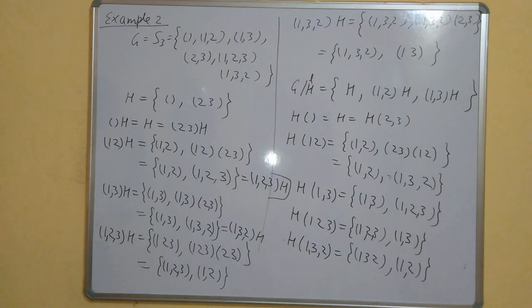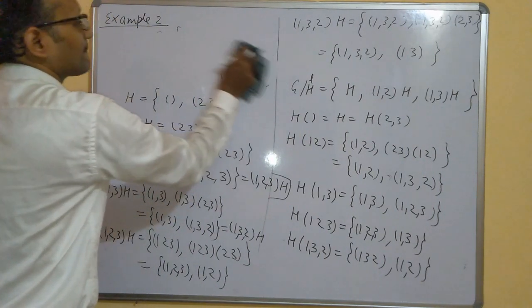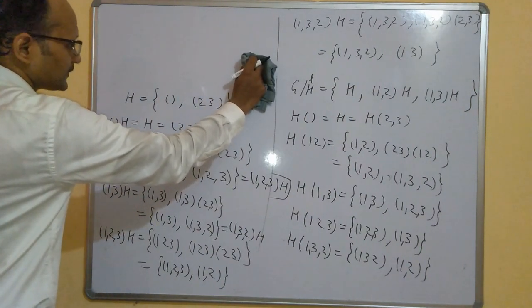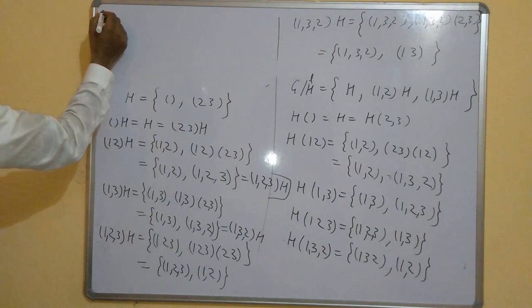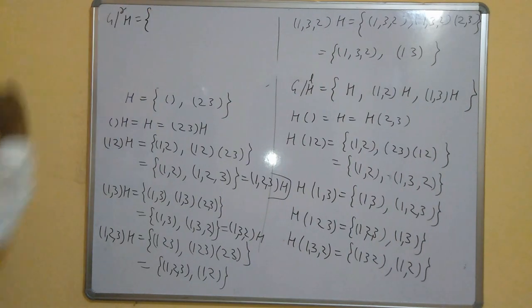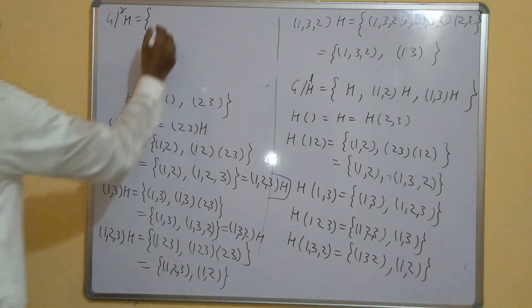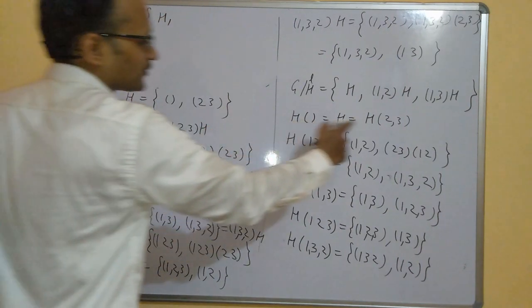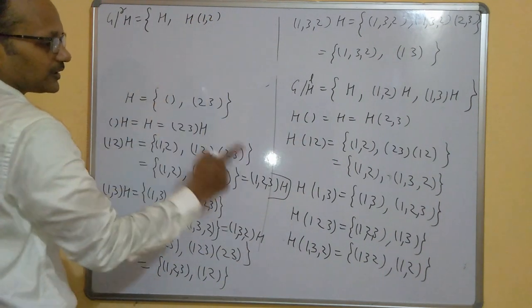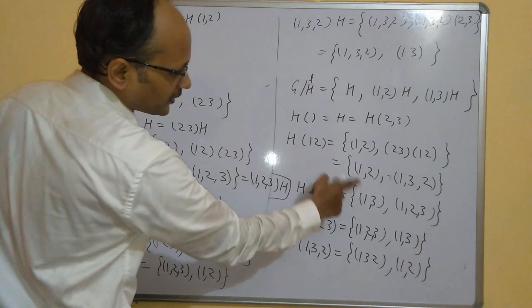So we can write the set of all right cosets of H in G. So the set of all right cosets of H in G, and what are these cosets? So one is H(1 2), H(1 3), both are different.